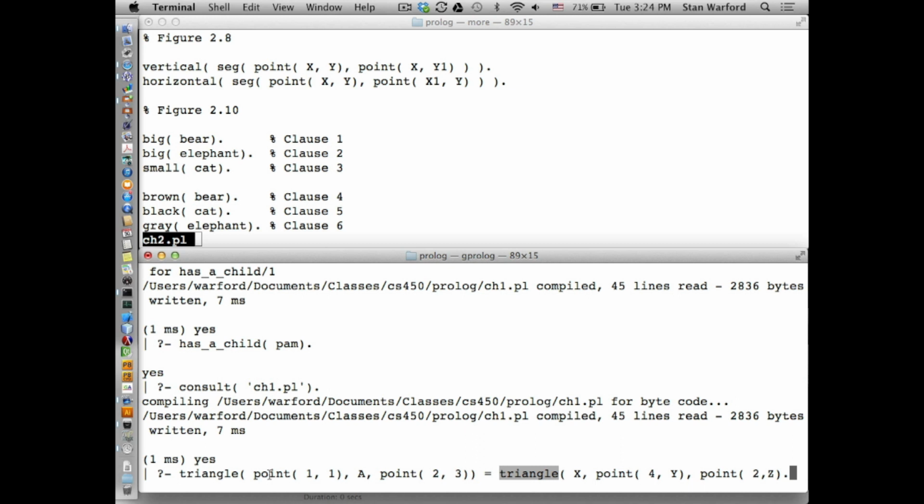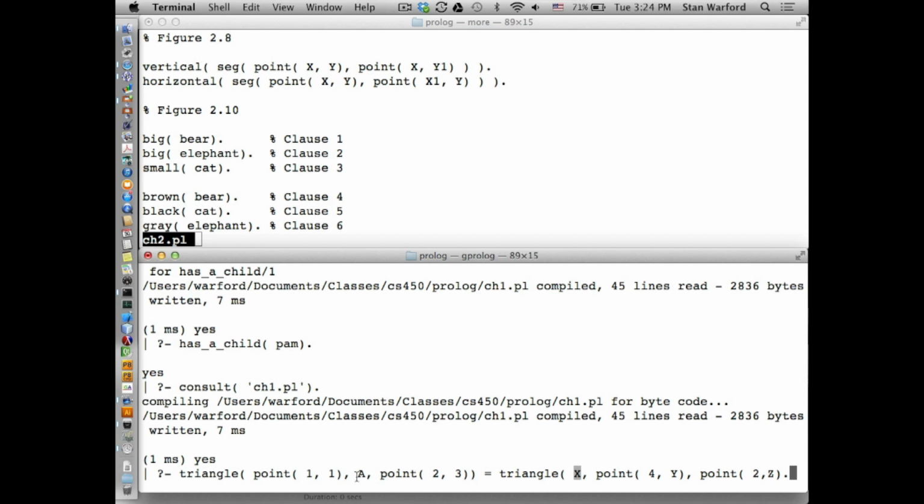For the first argument, what do we have on the left-hand side? point(1,1). And on the right-hand side? Variable X. Do you think that's a good match? Well, X is a variable, so X is going to match that.